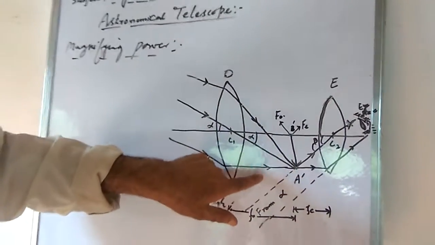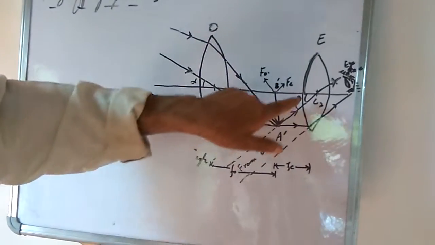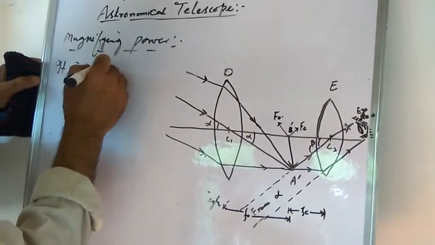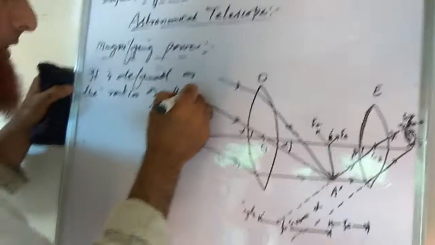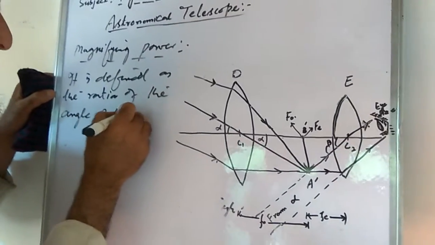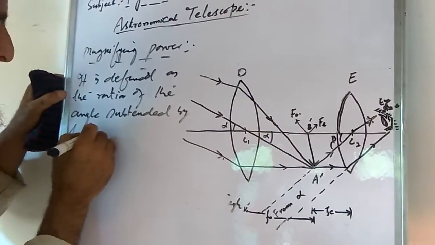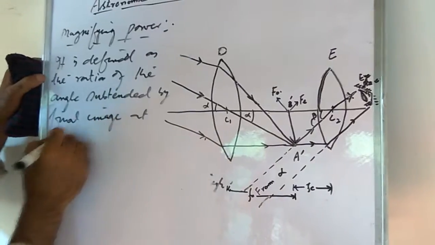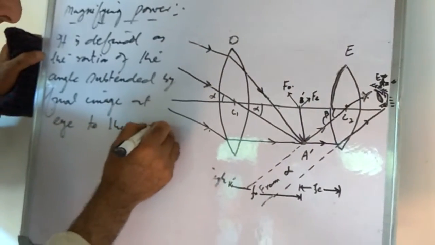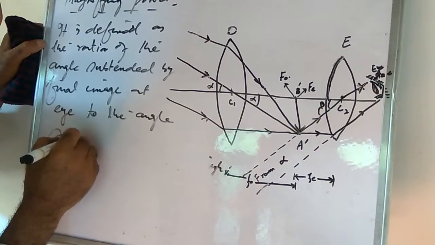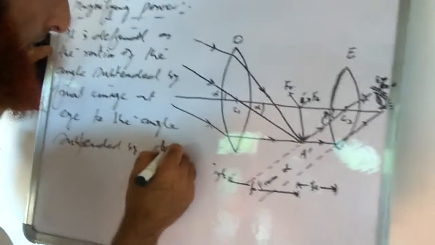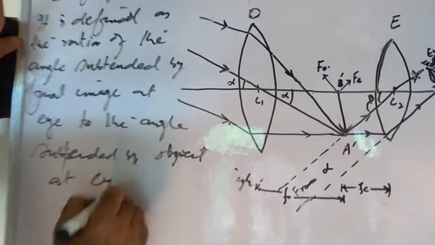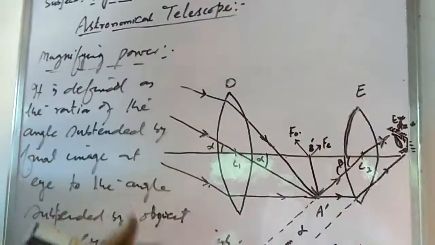Now dear students, as you know, magnifying power is defined as the ratio of the angle subtended by the final image at the eye to the angle subtended by the object at the eye. That means magnifying power is simply a ratio between the two angles.